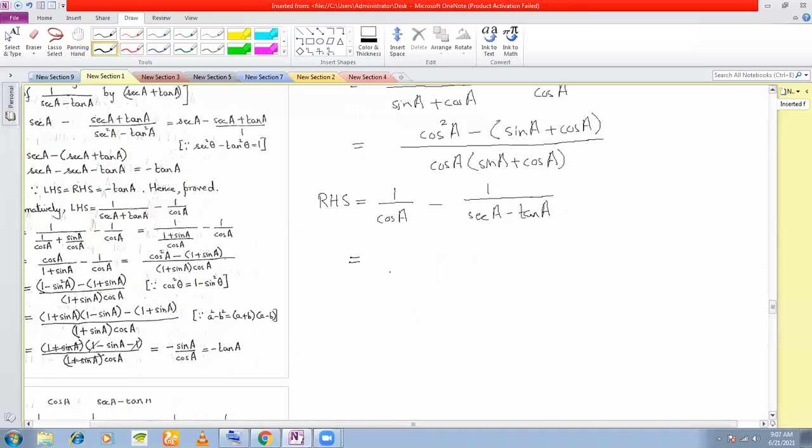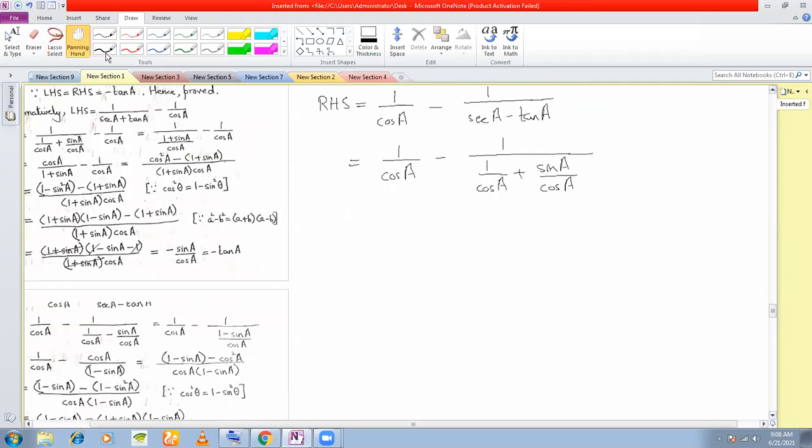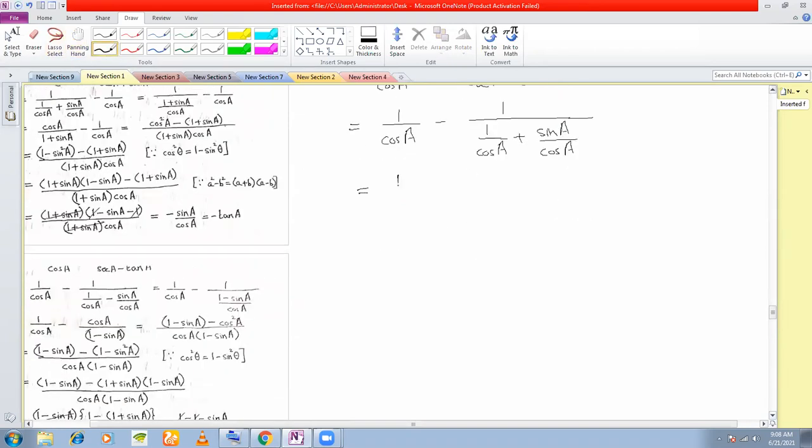We change everything to sine and cos. Now you take the LCM. One by cos a we write as it is, and here in the denominator you take the LCM. You get sine a plus cos a.